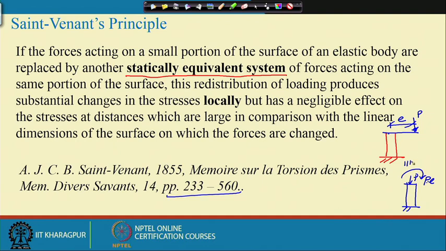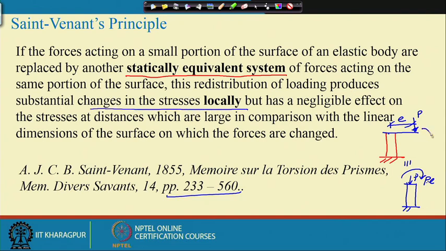Okay. Now, what it says is that if you replace the forces by a statically equivalent system of forces acting on the same portion of the surface, the redistribution of the loading produces substantial changes in the stress locally.